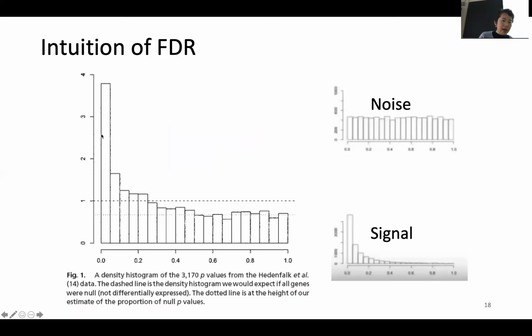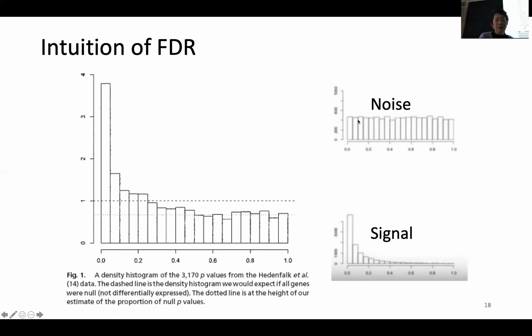Anytime you test a lot of hypotheses, you might want to draw the p-value distribution to see whether your statistical test is good. Because if you normalize your data well and you've done your statistical test well, you should see a p-value distribution like this, okay?